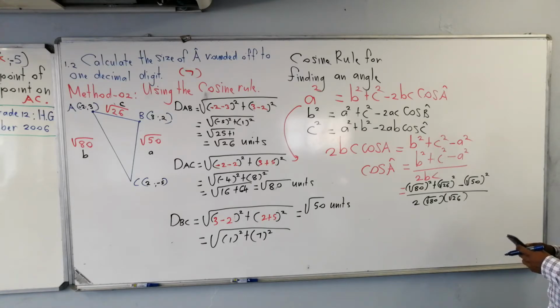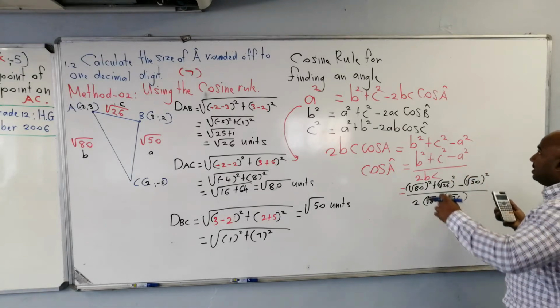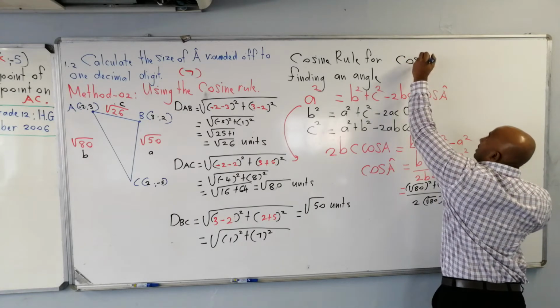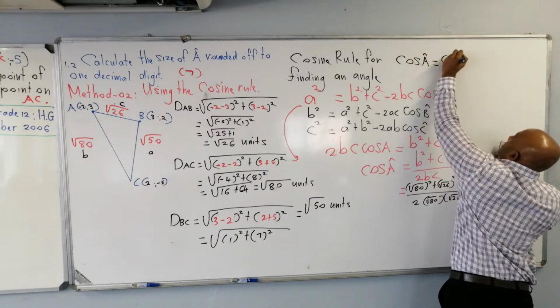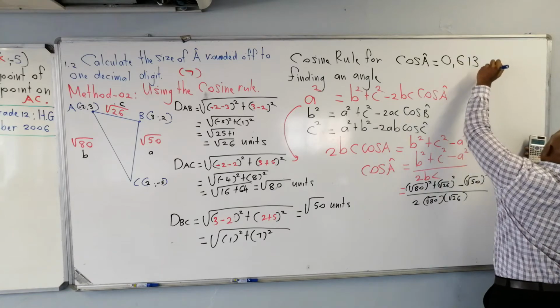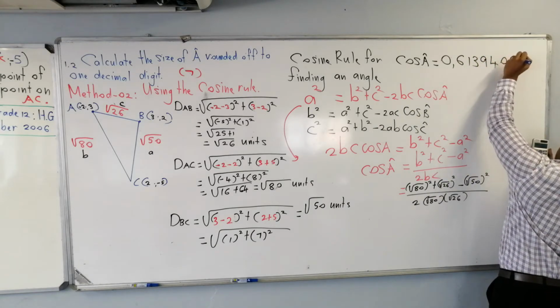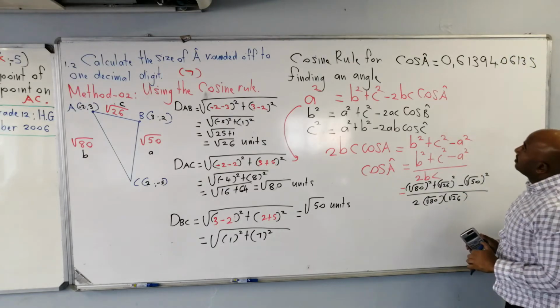And that's divided by 2 times the square root of 80 times the square root of 26. If I put this on the calculator, I'm getting cos of angle A is equal to 0.6139406135. This is not degrees, it's just a ratio.